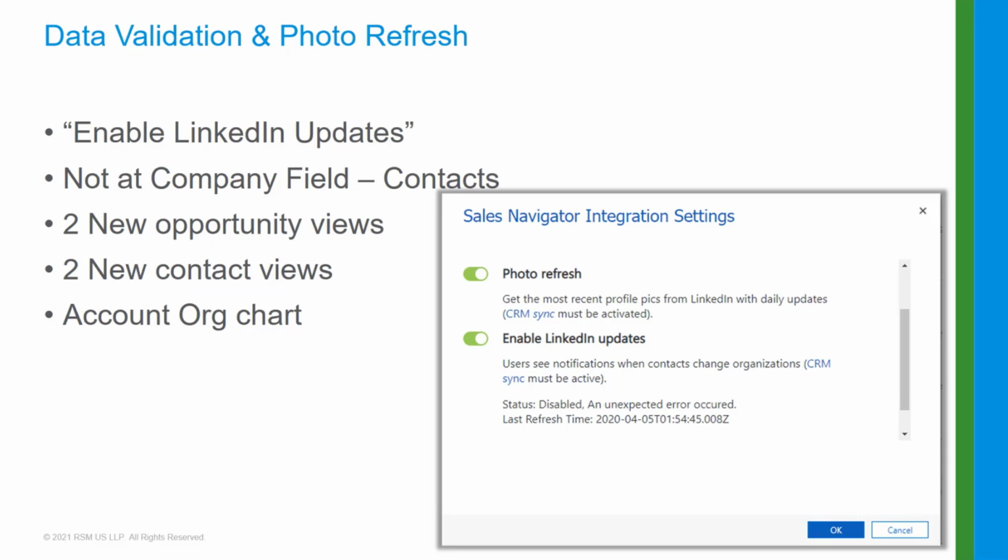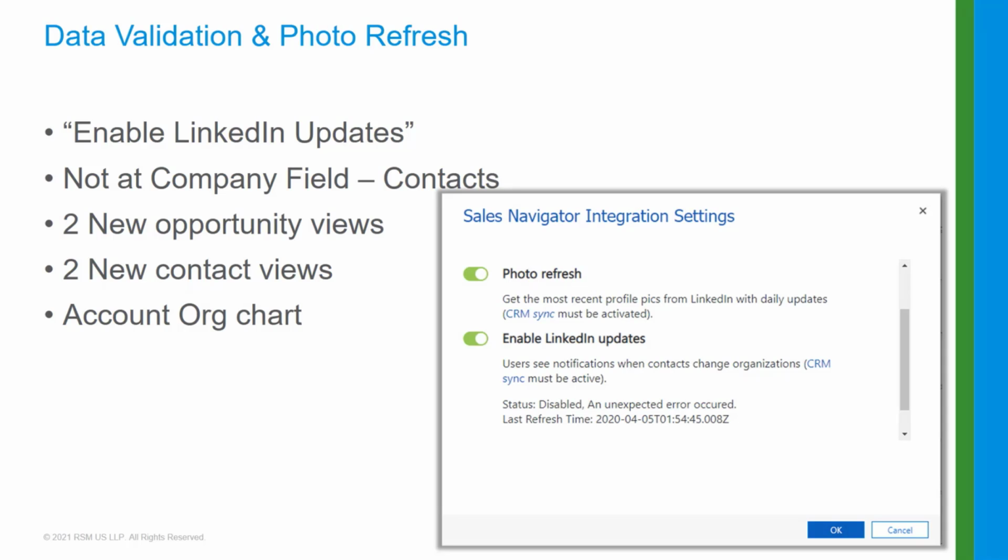And on top of that, we're going to have some additional views as well, such as the two contact views that show you all contacts not at the company. So that's using that field that was newly created by this integration to show you all the contacts that have left the company they're at, and then My Contacts Not at Company, again using that same field to filter.